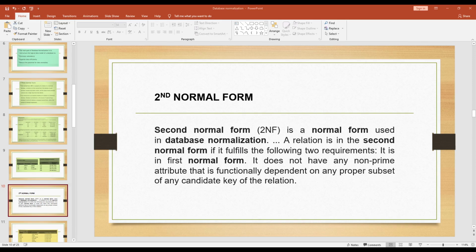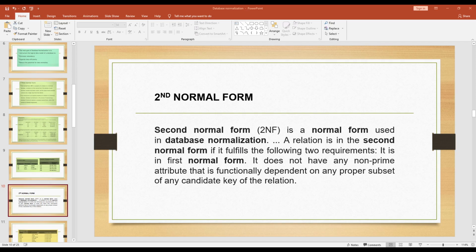A table that is in first normal form must meet additional criteria if it is to qualify for second normal form. Specifically, a table is in second normal form if and only if it is in first normal form and no non-prime attribute is dependent on any proper subset of any candidate key of the table.